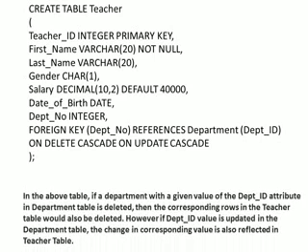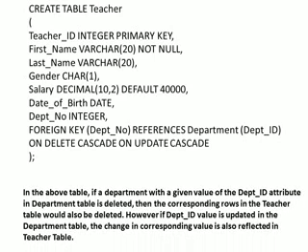It means that in the above table, if a department with a given value of the department ID attribute in the department table is deleted, then the corresponding rows in the teacher table will also be deleted. However, if the department ID value is updated, then the corresponding value is also reflected in the teachers table.